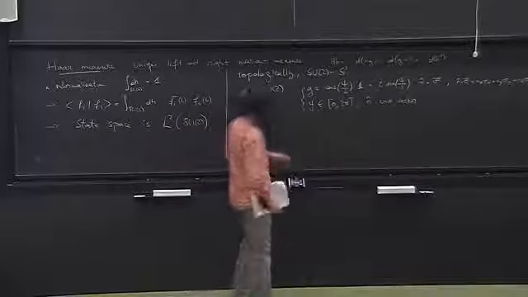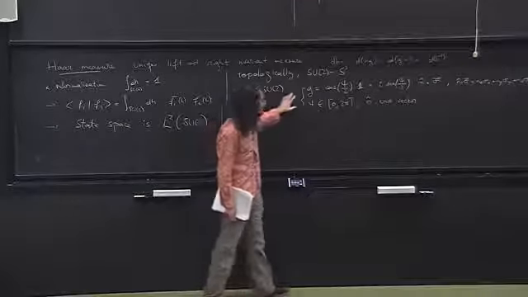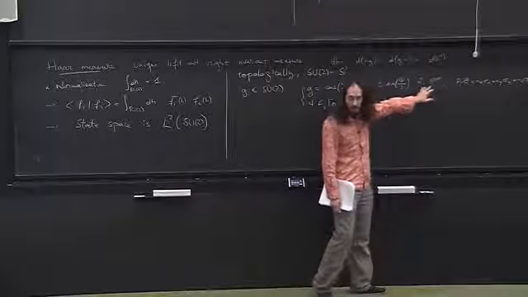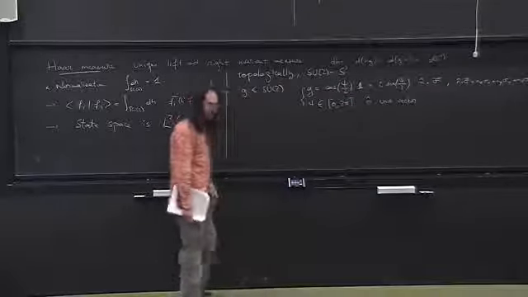Yesterday I told you that if you have a 2x2 matrix, you can expand it on the basis spanned by the identity and the three Pauli matrices. So that's what we do here.